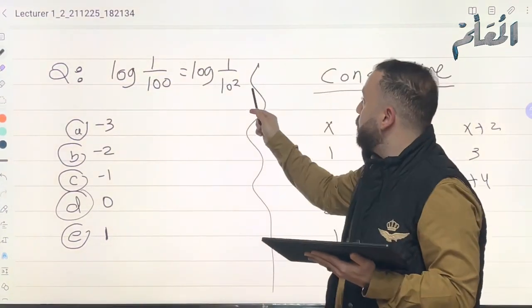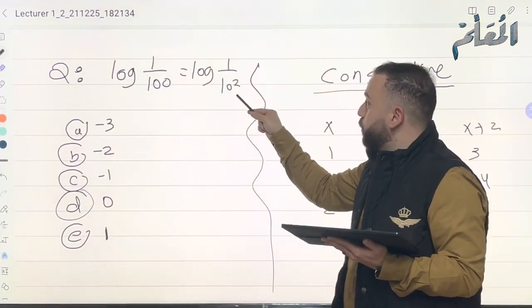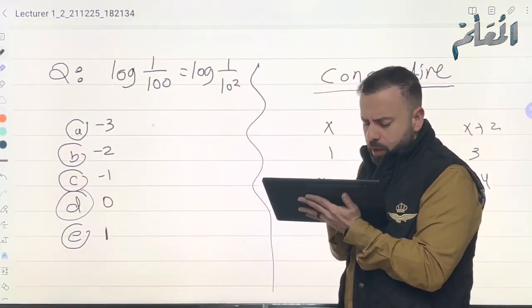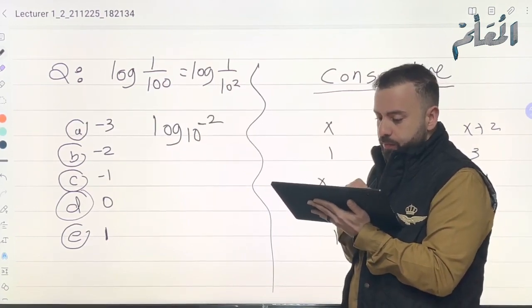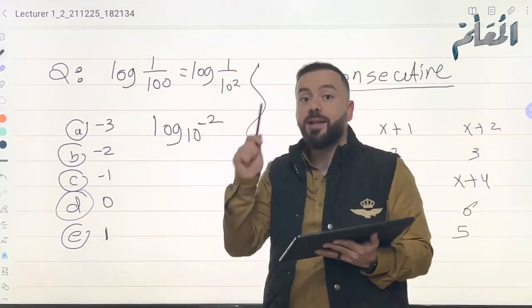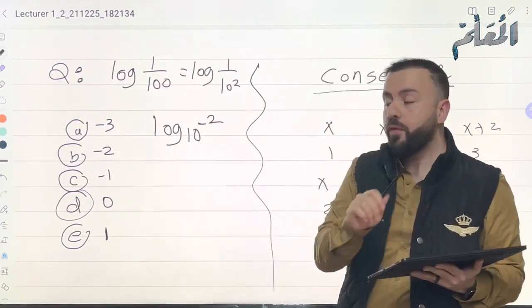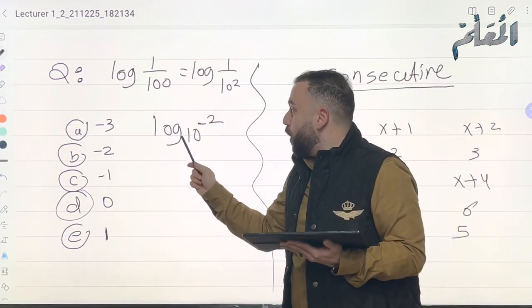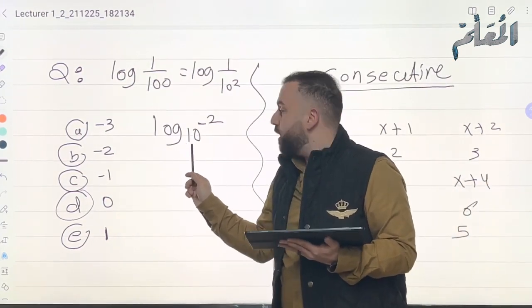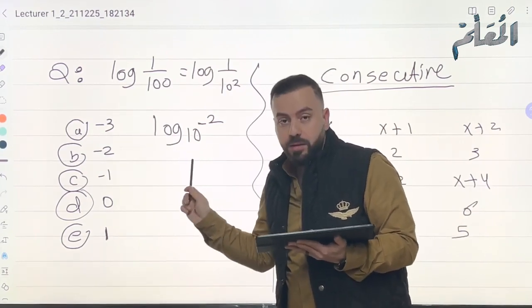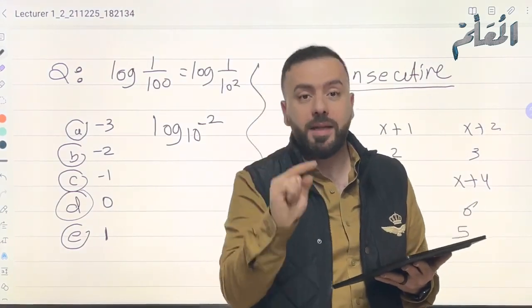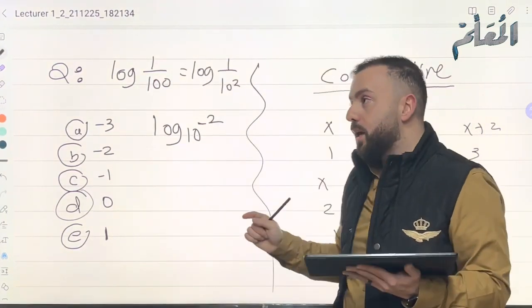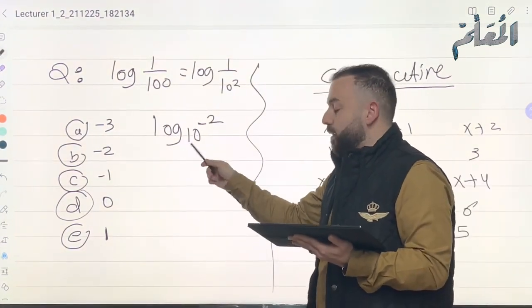When I move the 10 to the power 2 to the numerator, that's going to be log of 10 to the power negative 2. Also, since the log doesn't have anything as an indication for the base, there is nothing written, that means the base of the log is 10. So in this case, the base is 10.